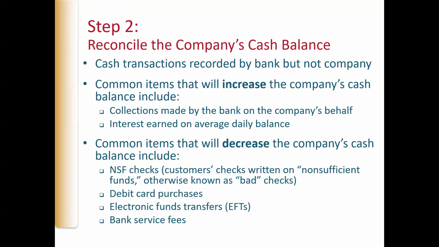Then items that may decrease the company's cash balance that the bank knows about and the company doesn't yet may be NSF checks, non-sufficient funds, debit card purchases, electronic fund transfers, and bank service fees.